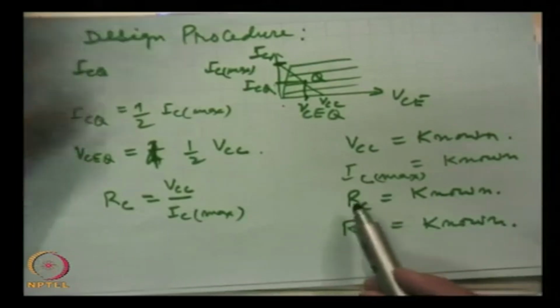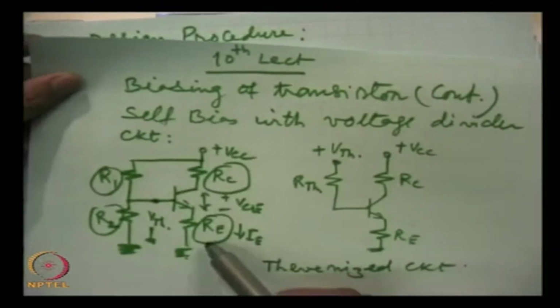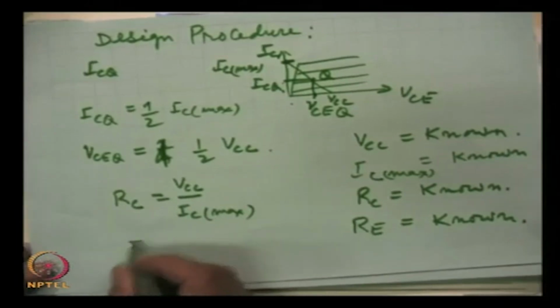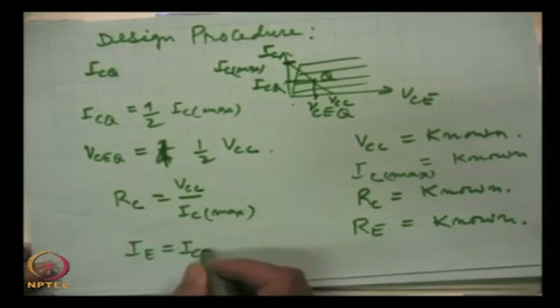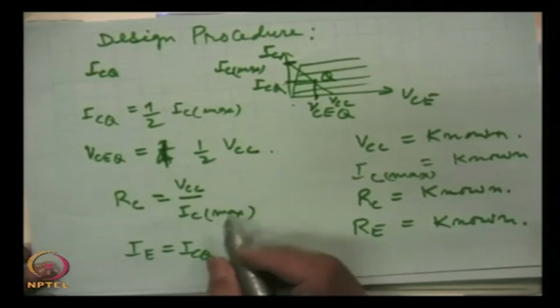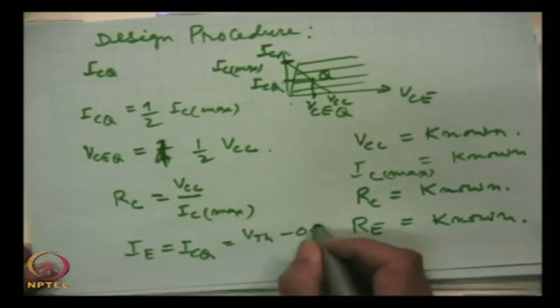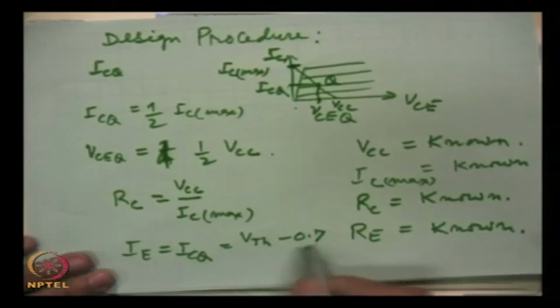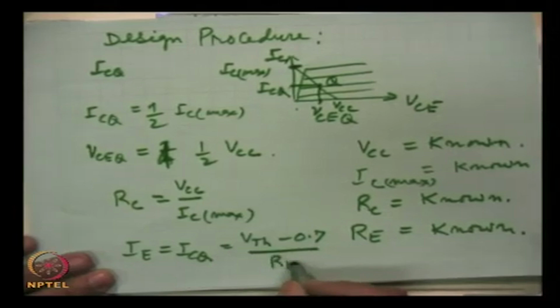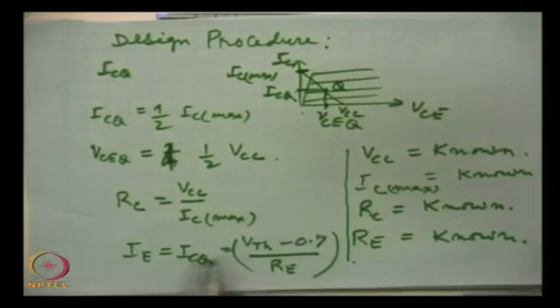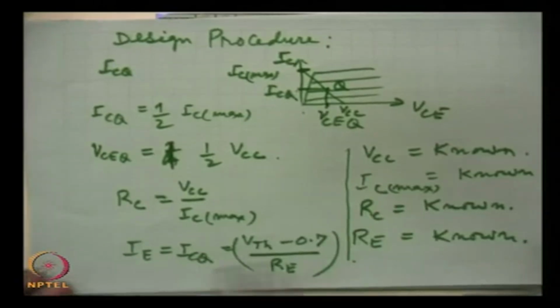So, RE is also now known, we have calculated its value. So, RC is known, RE is known, and the two resistances have to be calculated, and for that we make use of this IE, which is same as ICQ, and this is equal to VTH minus VBE by RE. This is the expression which we have talked about earlier.